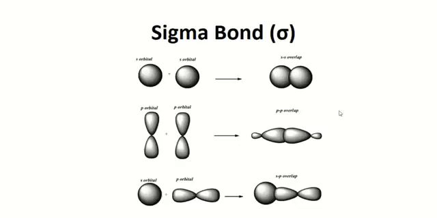So before we proceed to sp2 hybridization, let's understand what is sigma bonding and what is pi bonding. Sigma bond basically is head-to-head overlap of atomic orbitals, and this can occur when s and s meet head-to-head.